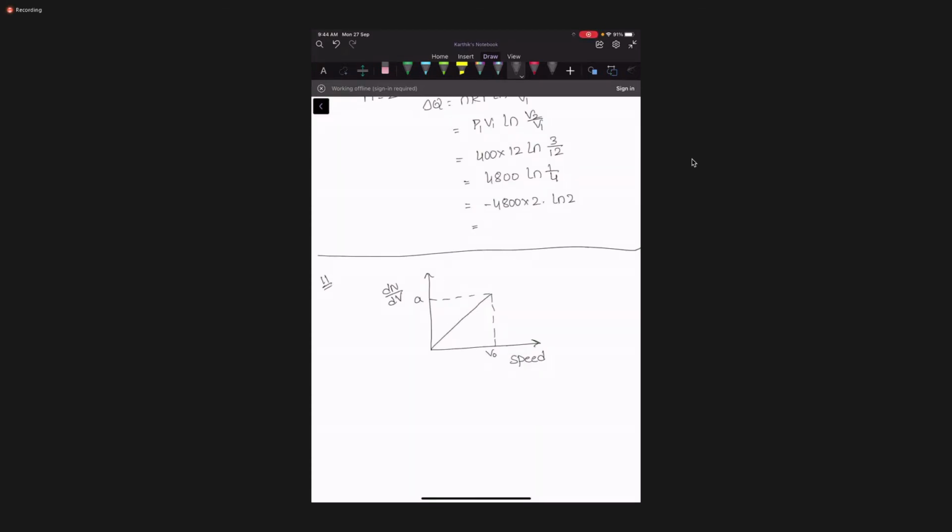No, I think the graph is wrong. dN by dV graph is A, no? That is a maximum point. Okay, fine.